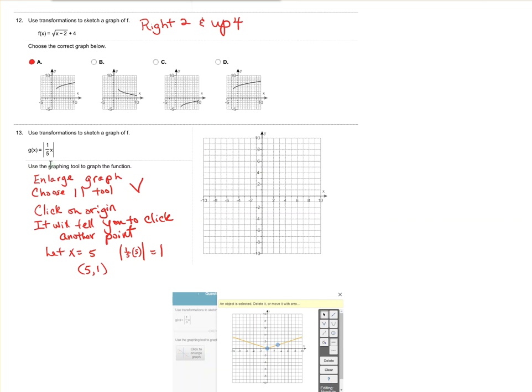So in this one, it was 1/5 x. I let x be 5, and so 1/5 of 5 is 1. That meant x is 5, y is 1. And so you would plot, you have your V here, and then you would go and plot 5 and up 1. You click that, and it would create the right shape of the V.